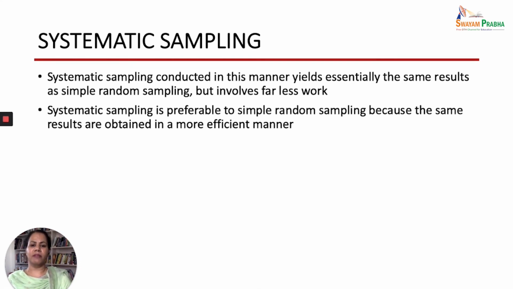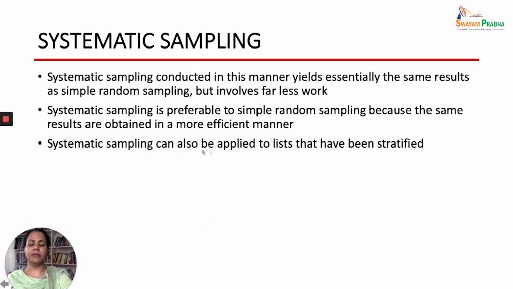Systematic sampling is preferred to simple random sampling because the same results are obtained in a more efficient manner. And systematic sampling can also be applied to lists that have been stratified. So even if we have stratified sampling frames, like for example 2 or 3 sampling frames depending upon the strata, then out of each sampling frame we can select the subjects through systematic sampling.